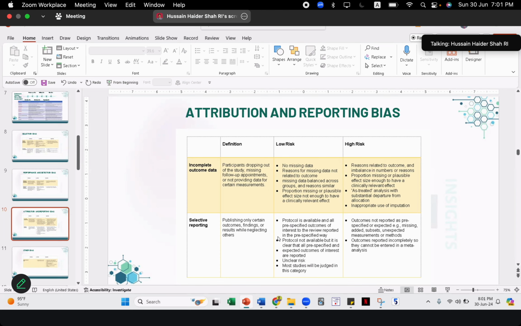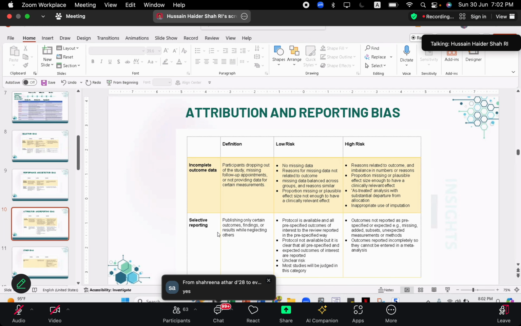But if they haven't done this and the outcomes are not reported as pre-specified or as per the protocol, this will create high bias. Do you understand now, Raya, what selective reporting is? All of these statements you will find in the methodology of the randomized controlled trial. Up till now, am I clear?